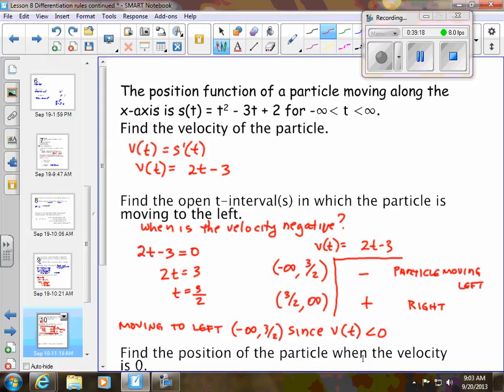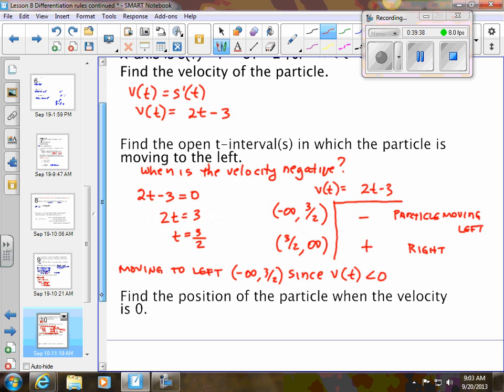You must state that. Don't just draw this little chart and have your minus and plus and stop. Then you're asking the reader to interpret what you found. You need to state what that told you. That's called justifying your answer.